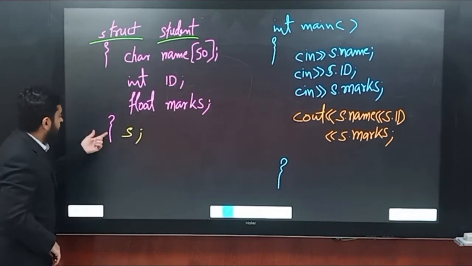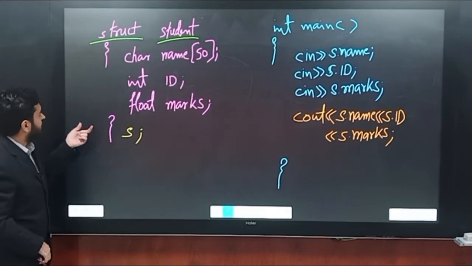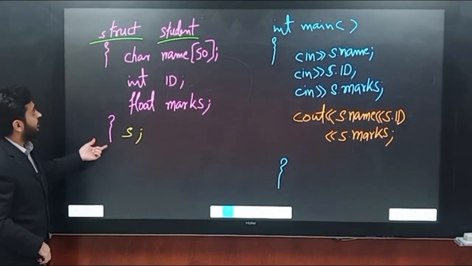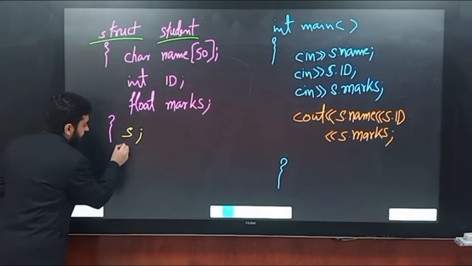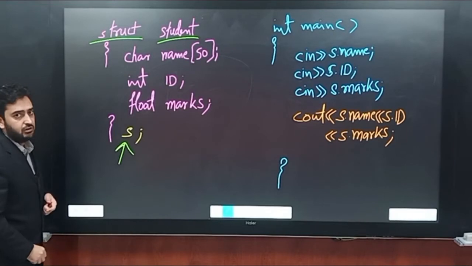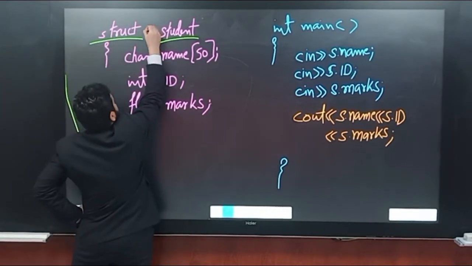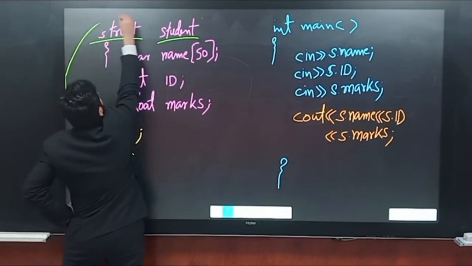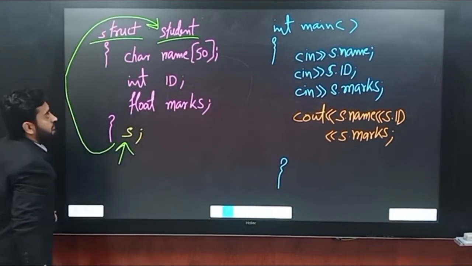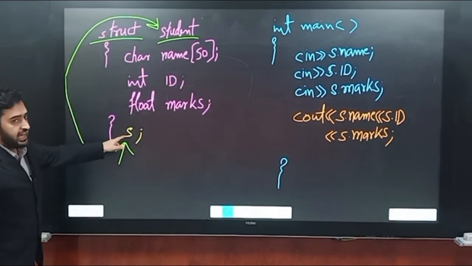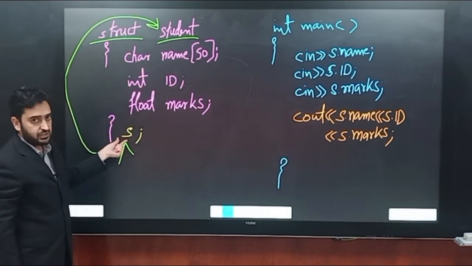After closing the curly braces of the body of the structure, we have declared a variable s. This variable has type student, so s has type student and s is a variable.